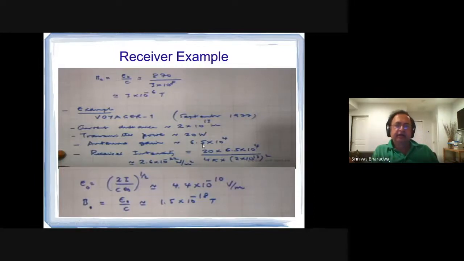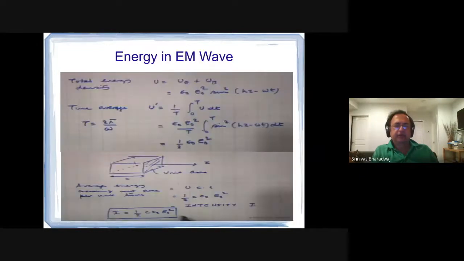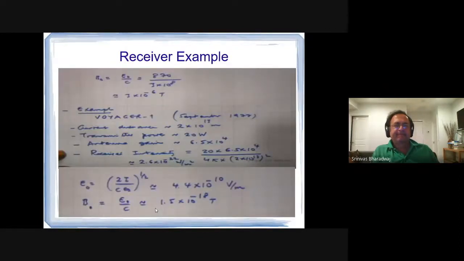The antenna had a gain, and the receiver intensity was given by I, so E naught equals (2I by c epsilon naught) to the power of half, using this formula. Then you can get the B naught using E naught by B naught equals c.